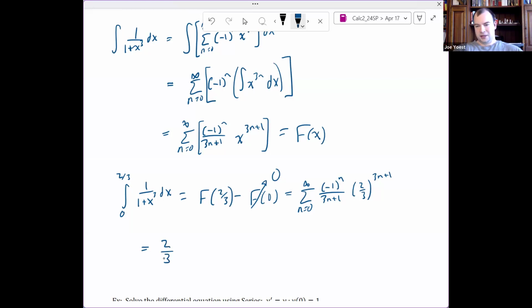When I increment n, that switches the sign. And then I have 1 over 4 times 2/3 to the fourth, and then plus 1 over 7 times 2/3 to the 7.